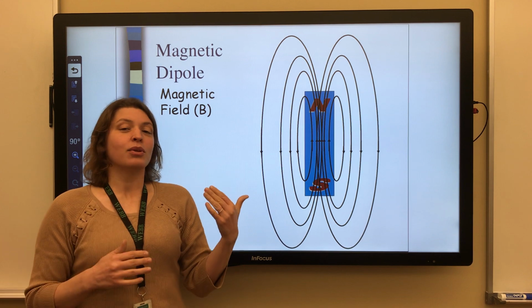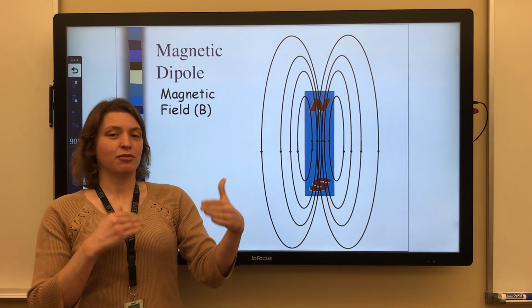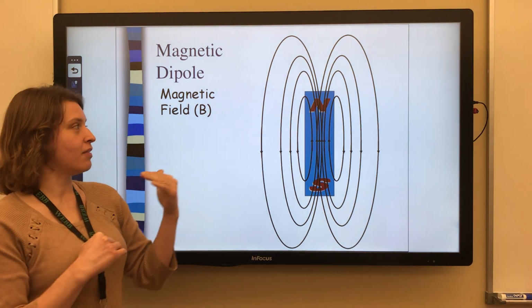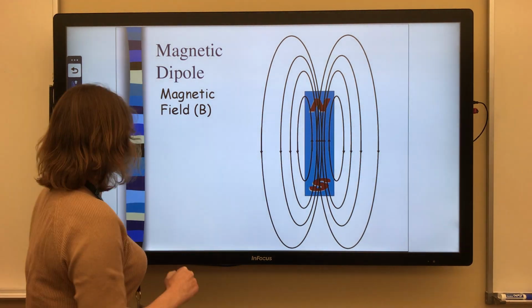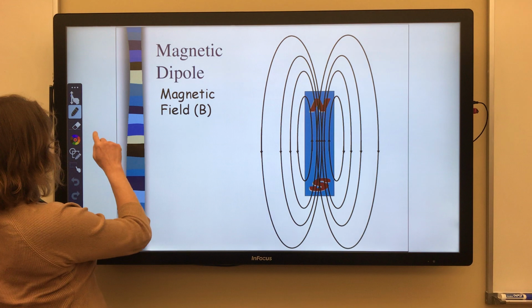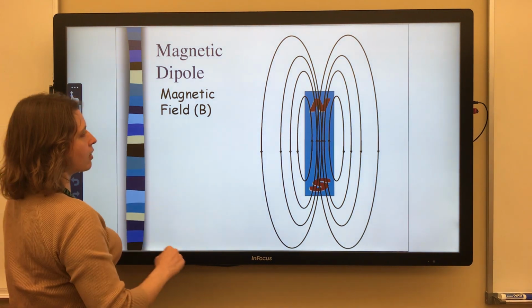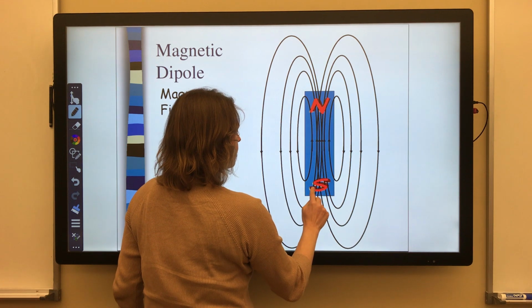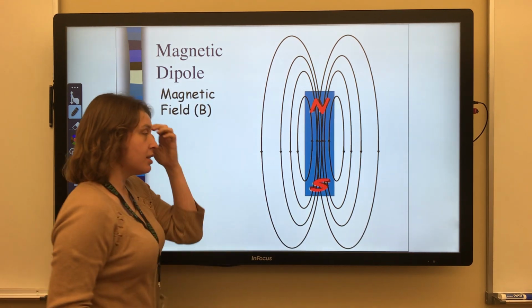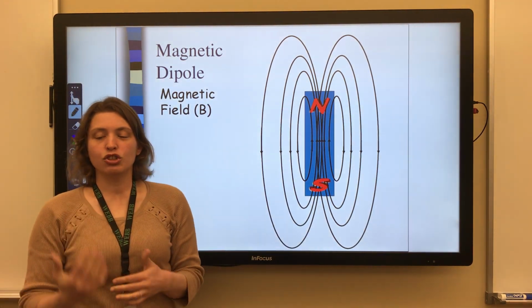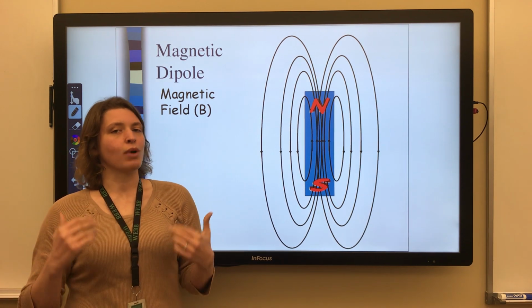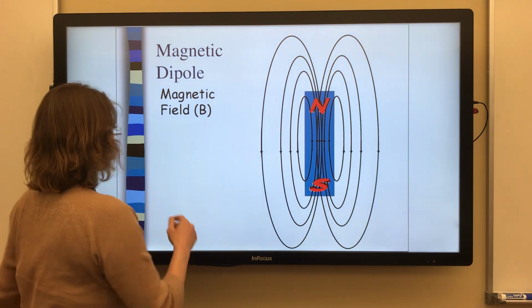The only thing I want to get across here is that we have two different ends of this magnetic dipole, a north end and a south end. With the north end of the bar magnet here and the south end of the bar magnet here, this magnetic dipole generates a magnetic field, which we represent using magnetic field lines.